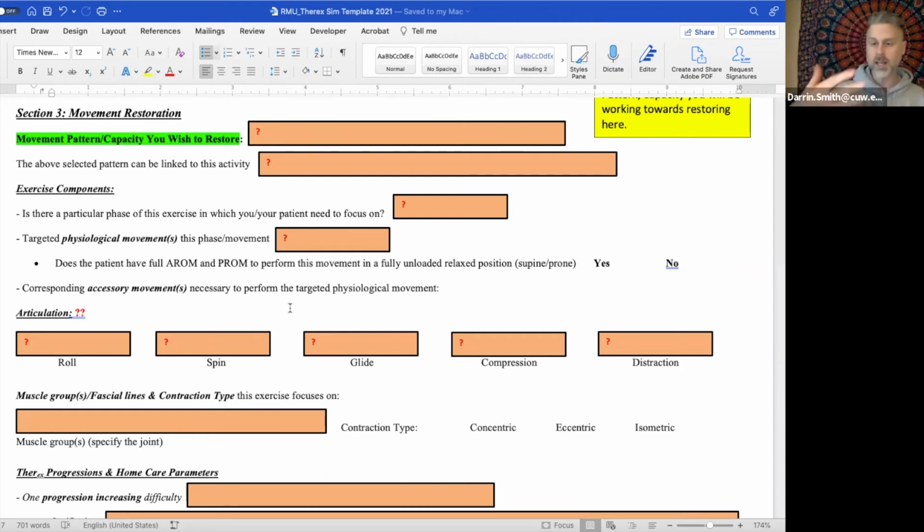They all go together. So this is where you can start creating exercises, and or you can start taking the exercises that are in your library and reverse engineering them.